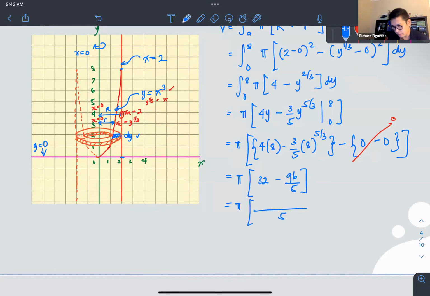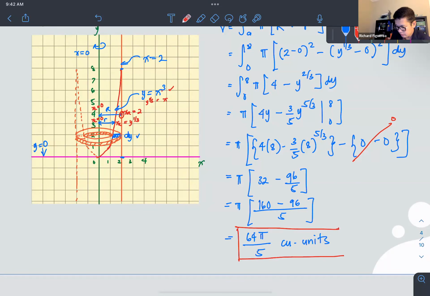So 5 times 32, 160 minus 96. So 160 minus 96 is 64. 64 pi all over 5. Then the unit would be cubic units. And that would be the volume if it is revolved along the y-axis.